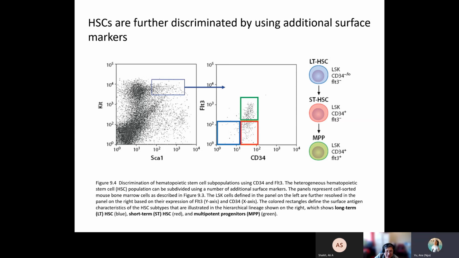And even if the boundary is solid at that time, or even today, it doesn't make a lot of sense, because when you do the staining, your antibody is conjugated with a fluorescent dye, but that dye intensity could be higher in one batch of preparation and lower in another batch. So that fluorescence intensity can also affect the boundary that you set. There is a lot that is not solid or firm in biological experiments.